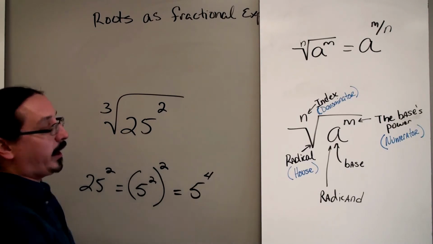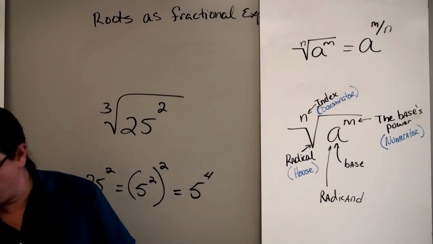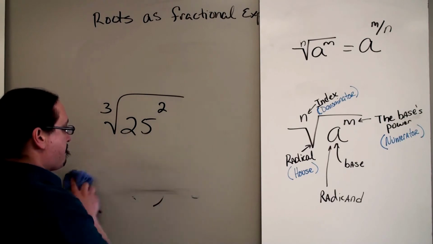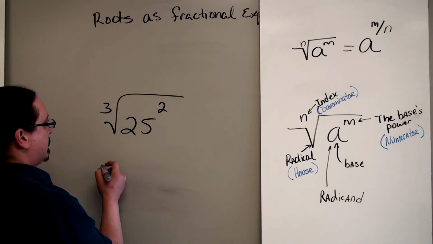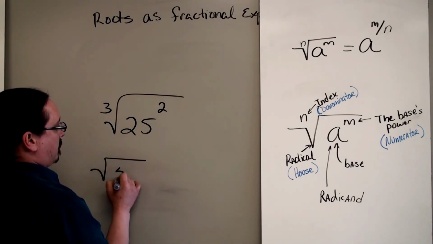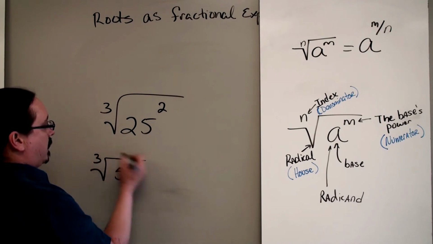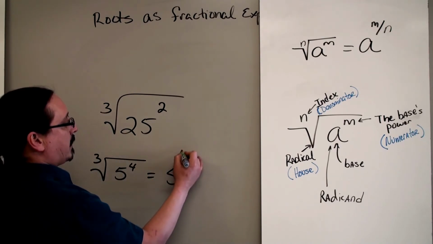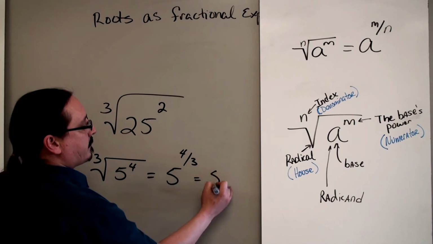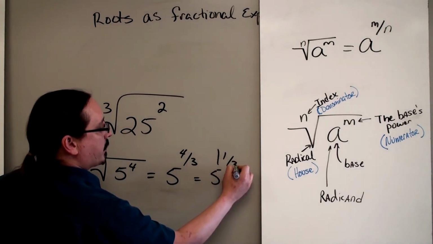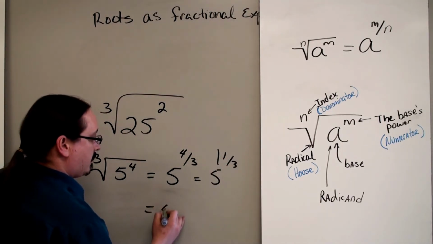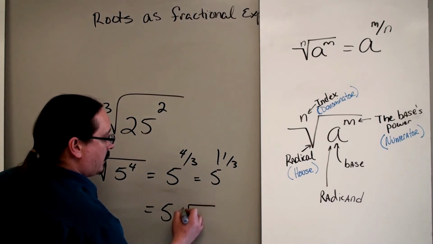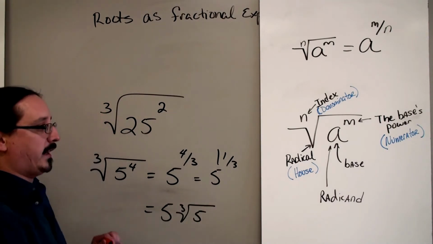Okay, so now when I put this back in, I can say that this is 5 to the 4th power cubed, which is 5 to the 4 thirds, which is 5 to the 1 and 1/3, which is 5 cube root 5.